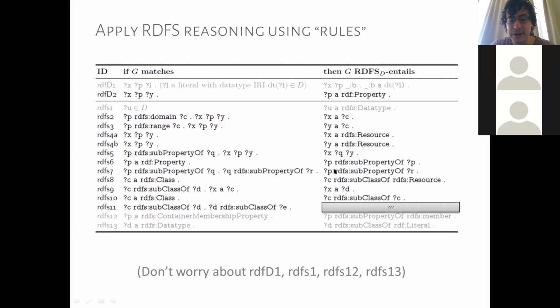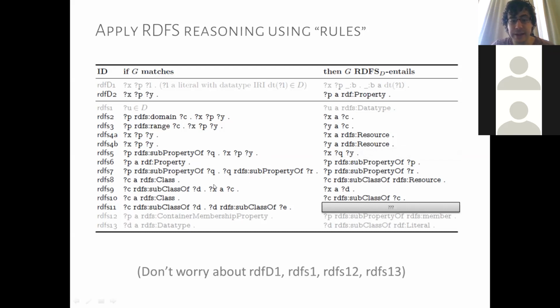If P is a property, then P is a subproperty of itself. If we have P subproperty of Q, Q subproperty of R, then P subproperty of R. So we had an example of has capital city subproperty of has city subproperty of has geographical part of. This implies that has capital city is a subproperty of has geographical part of.